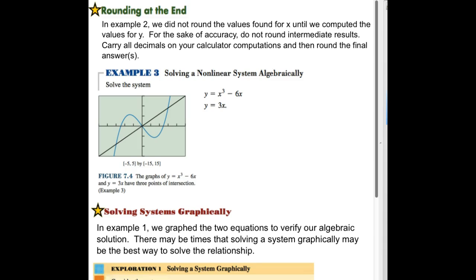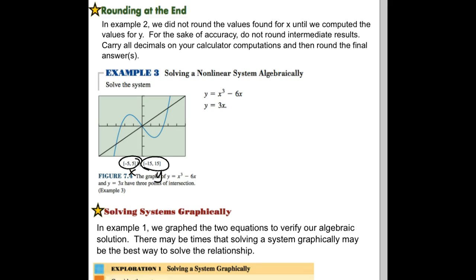I want you to take a look before we start at the scale that you're given here, the window. We are told we're going from -5 to 5 for our x's, and we're going from -15 to 15 for our y's. So think about the tick marks.